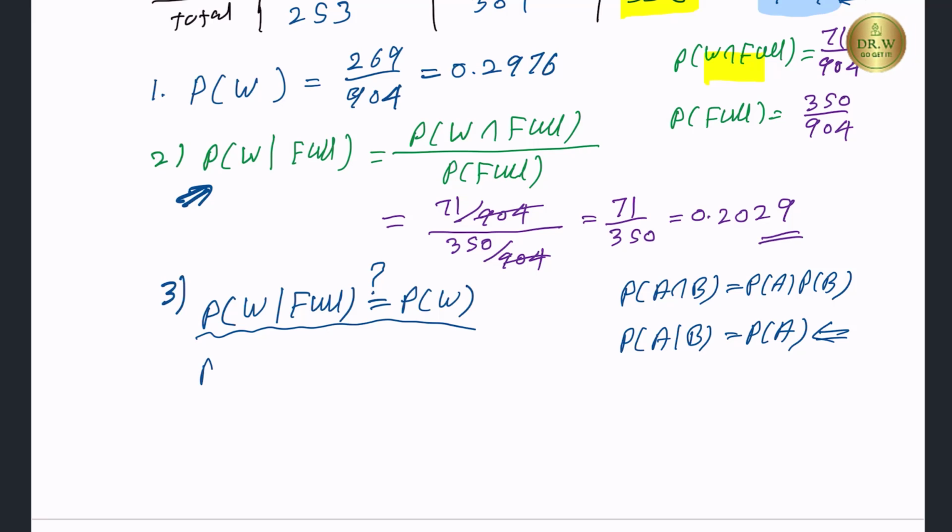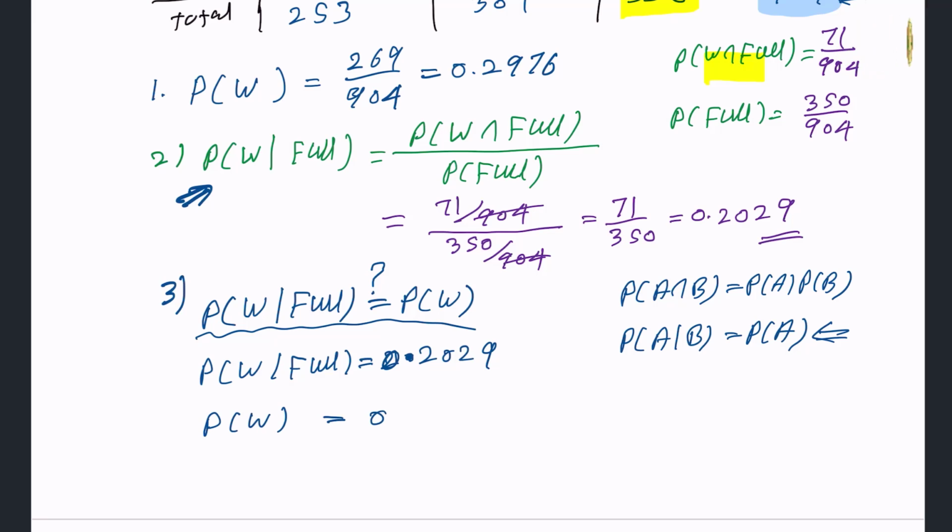Okay. Now let's see probability of W given full. From the second one we know it is 0.2029. Then we already know probability of W, it is 0.2976. Are they equal? They are not equal.